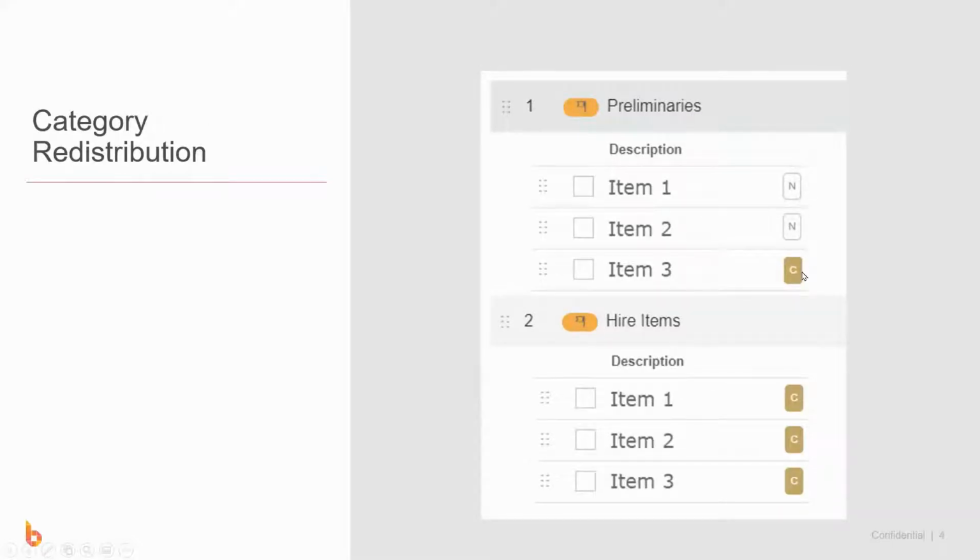The C button, or category redistribution: what I've done here is say that item 3, move the markup from that. And because it's C, it'll move the markup within the category, so it'll move it to items 2 and 1. In the second category, I've purposefully picked a bit of a curly example where it can't move the markup within this category because all of the items in that category are redistributing markup.